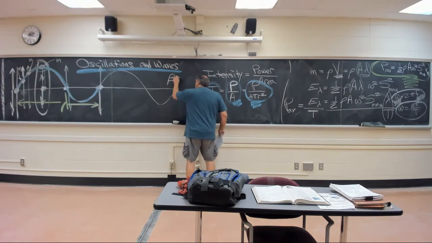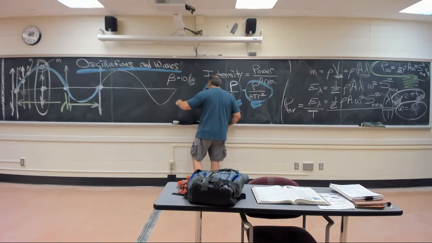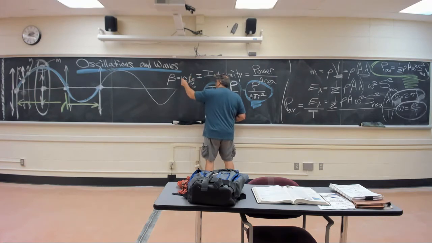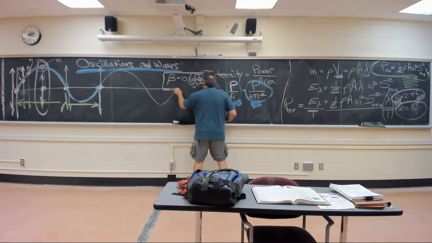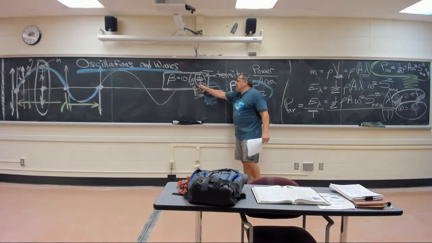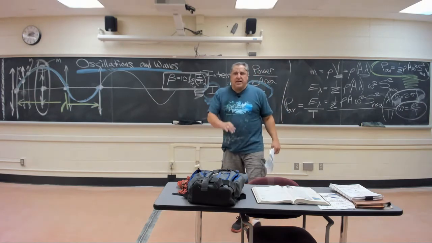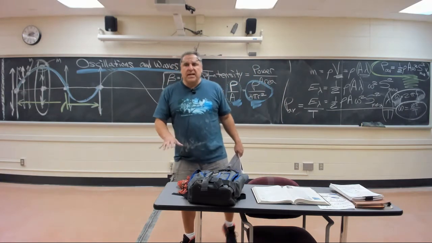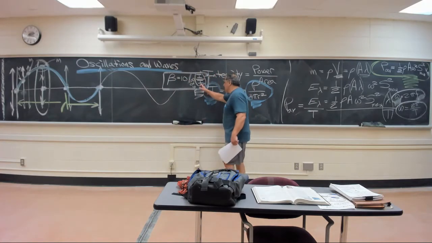It's described by beta equals 10 times the logarithm base 10, not base e, logarithm base 10 of the intensity that is being experienced compared to the threshold intensity of hearing, which is I sub 0. The threshold intensity of hearing is 1 times 10 to the negative 12, rather.